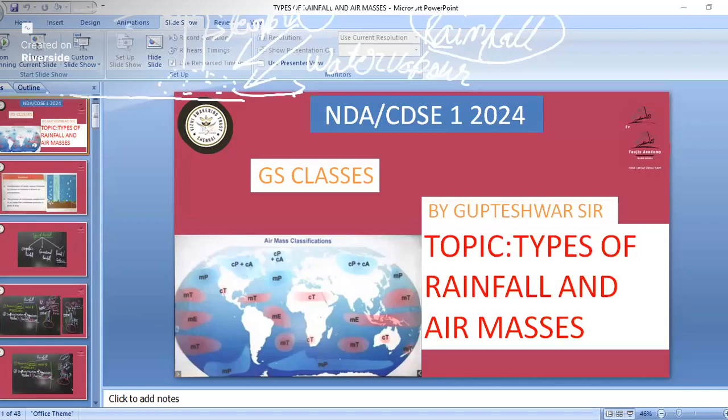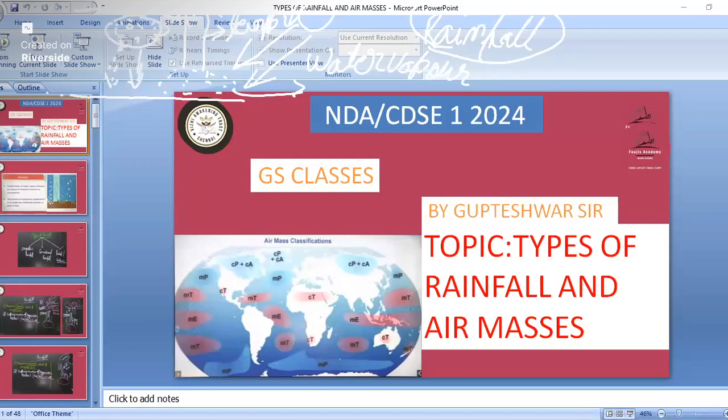Due to the cooling, the vapor will settle on those hygroscopic nuclei. When attraction happens, they start increasing in size due to regular water vapor from the incoming solar terrestrial radiation. They turn into bigger size, and when they are not able to suspend themselves, due to gravitational pull they start precipitating. That particular precipitation is known as rainfall.